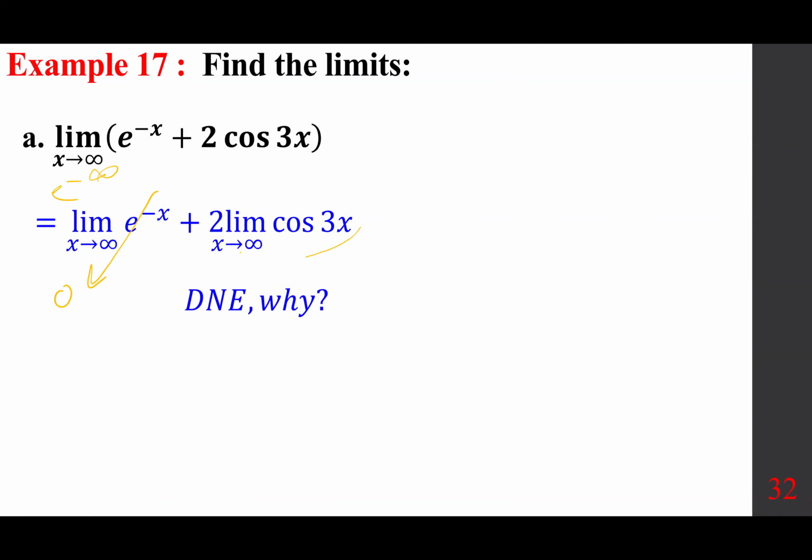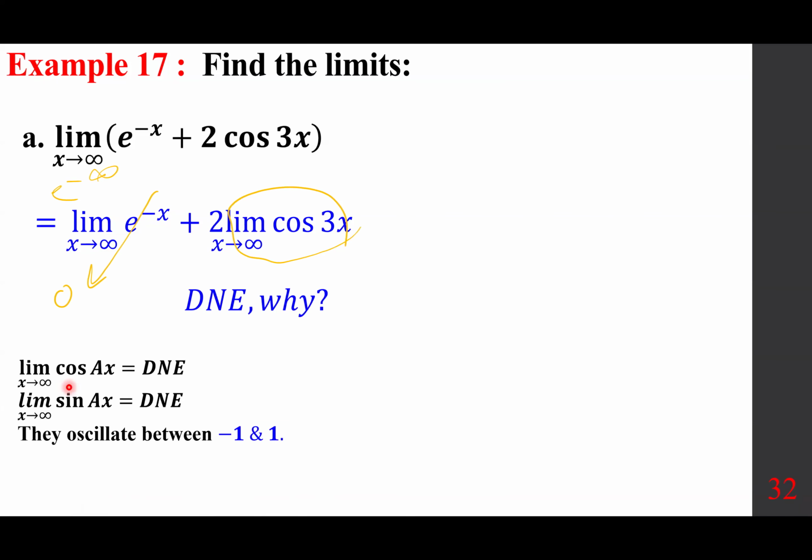Why is that? The problem is cosine. In general, the limit of cosine, doesn't matter what the argument is, ax as x approaches infinity does not exist. Same thing for the sine, because they oscillate between negative 1 and 1. As you know, the range for sinusoidal functions is negative 1 to 1.